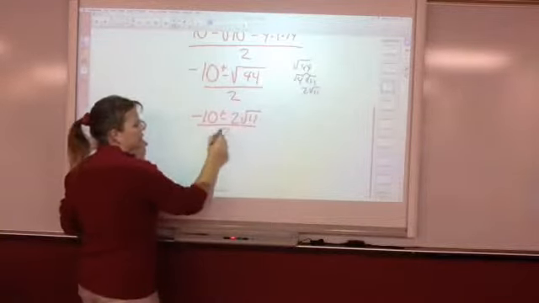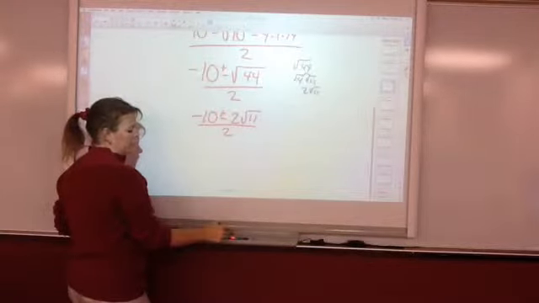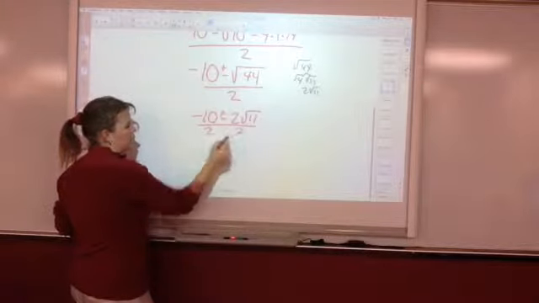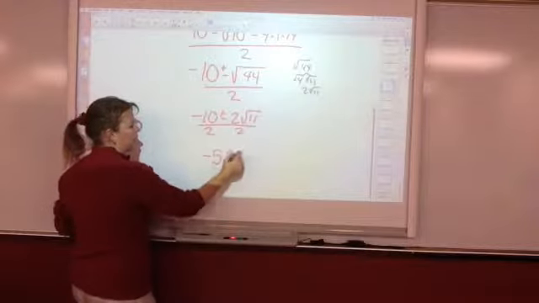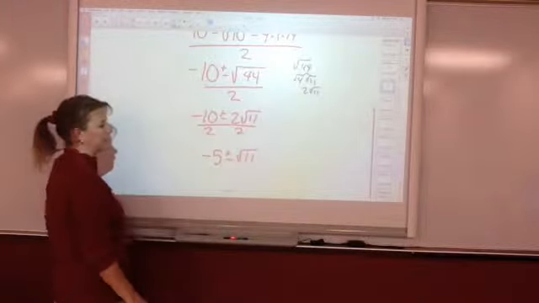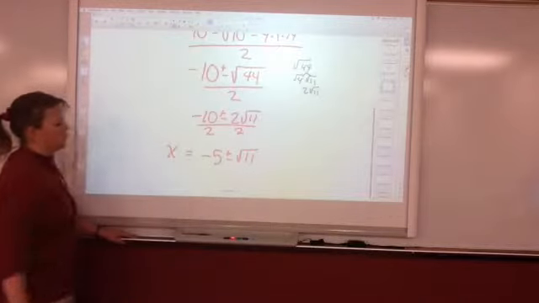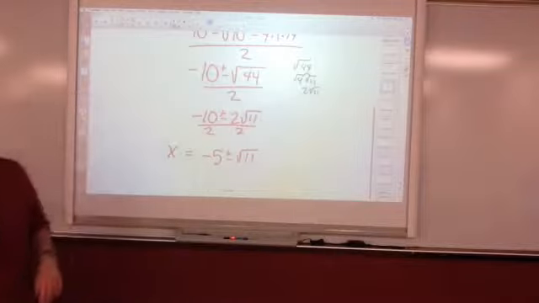You can't just simplify one of the two terms. Preferably, you write them separate. Reduce each one on its own. You'll have -5 plus or minus the square root of 11. Those are your two zeros, one of them being the plus, one of them being the minus.